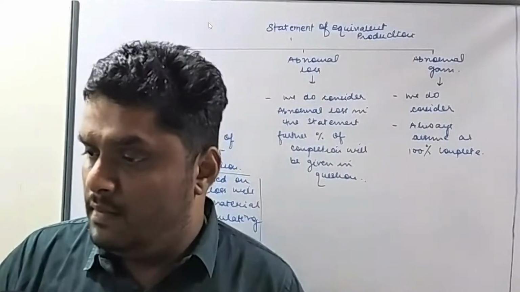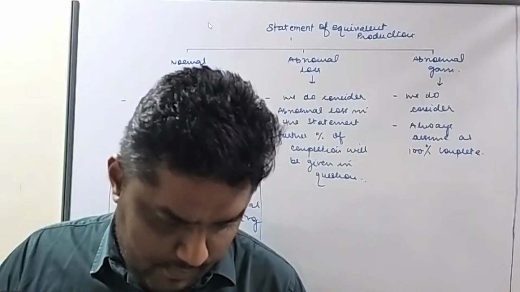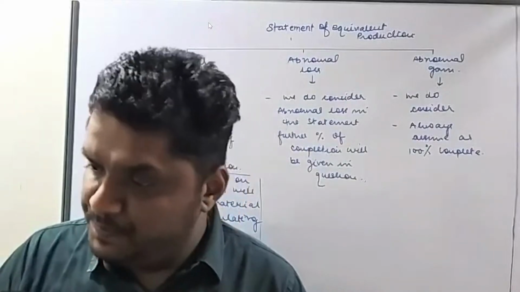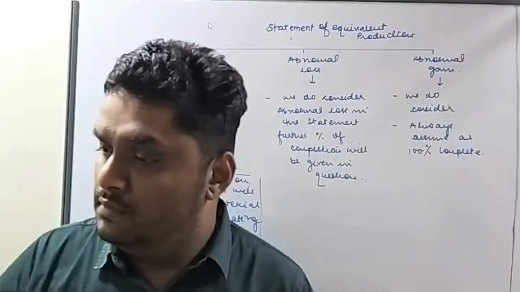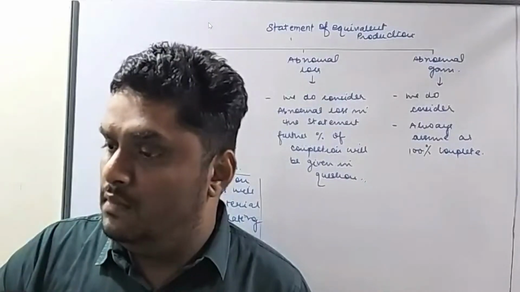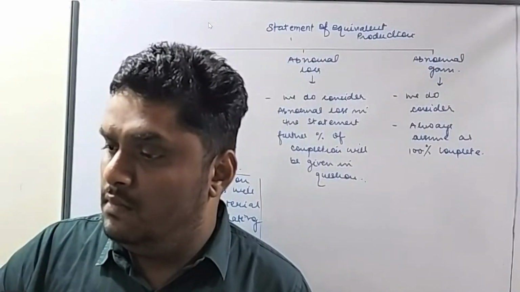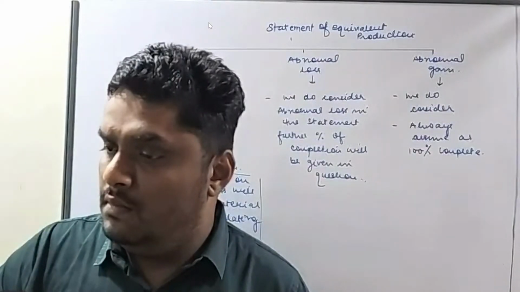Now there can be abnormal process loss. When you are talking about abnormal process loss, then the total cost of abnormal process loss is credited to the process account from which it arises. So you have to see from which process it arises, and the total cost of abnormal process loss is debited to Costing P&L.